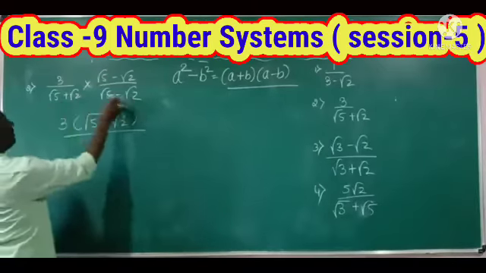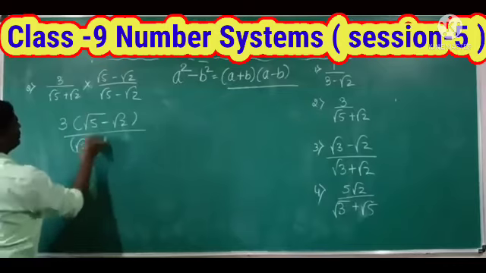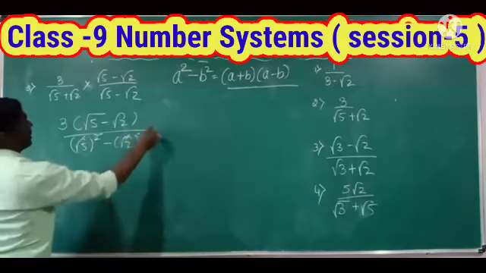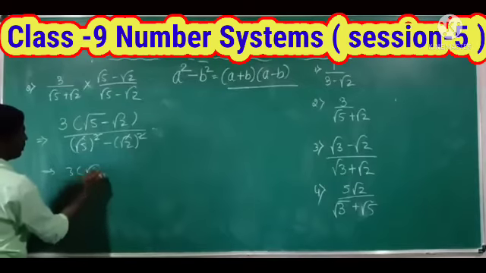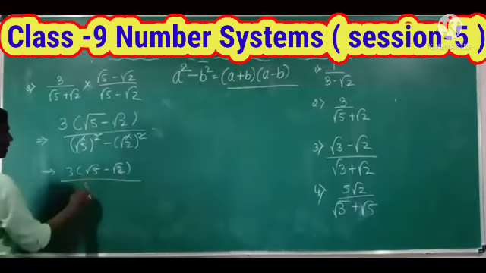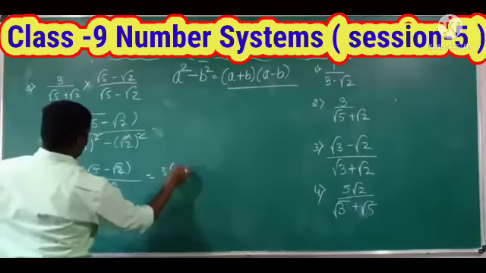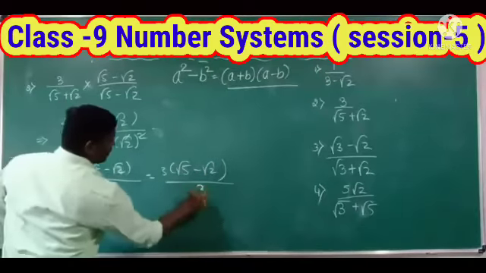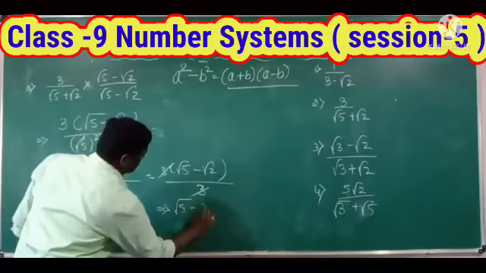Again, now the denominators are in the form of a square minus b square. So root 5 whole square minus root 2 whole square. Square and root get cancelled. The numerator is again 3 into root 5 minus root 2, divided by 5 minus 2, which is 3. 3 and 3 get cancelled, and the final answer is root 5 minus root 2.